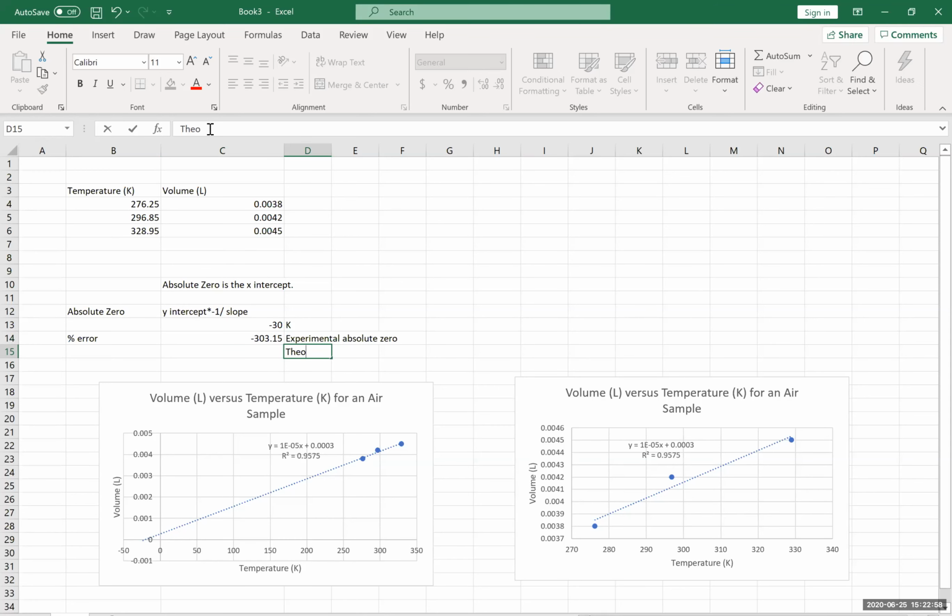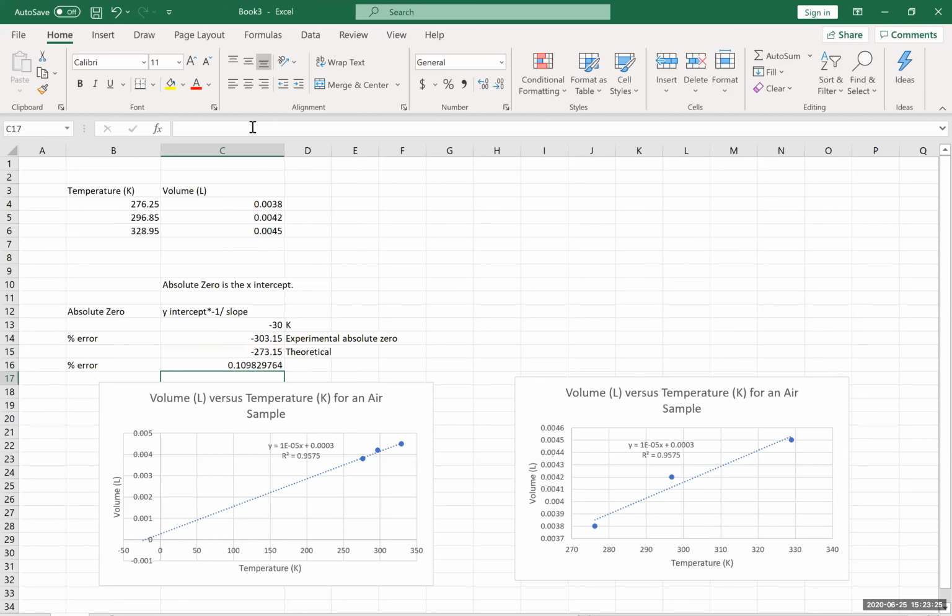Our theoretical value is -273.15. So our percent error is going to be equal to our experimental minus our theoretical over our theoretical, times 100%.